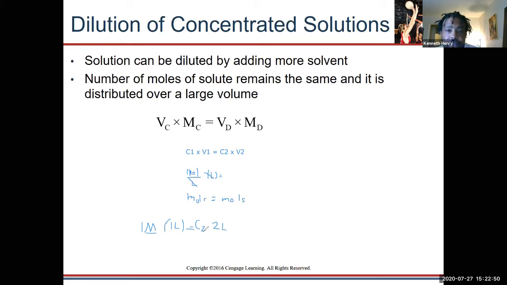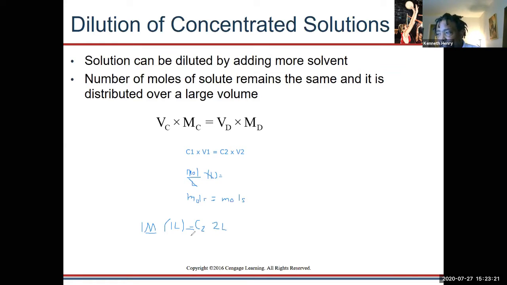The quantity that you have in that solution isn't going to change. So if I have 1 mole in that solution, at the end of the day it's still going to be 1 mole, but instead of being in 1 liter, it's going to be in 2 liters. The number of molecules that you have in there is going to be the same. You guys get that, right? That's the reason why we can write that equivalency, and that's how we can solve for our C2.